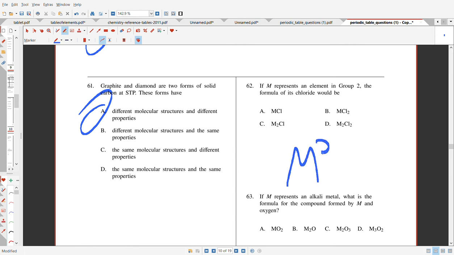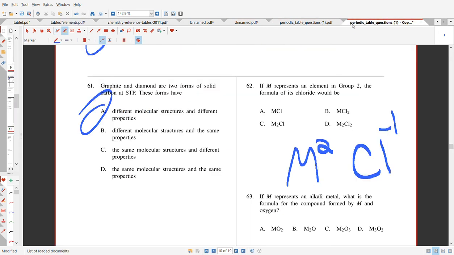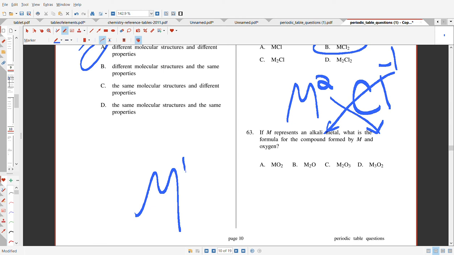If M is in group 2, chlorine, you look up the charge, and I'll show you where that is. Chlorine, you pick the first one on the list, which is the -1 there, and then you crisscross. So M gets a 1 and Cl gets a 2. M is an alkali metal, that's group 1, they have a +1 charge, and then it's formed with oxygen.